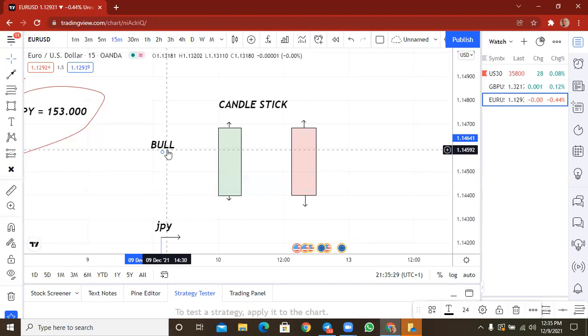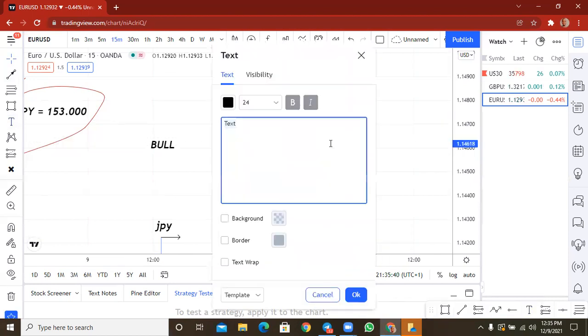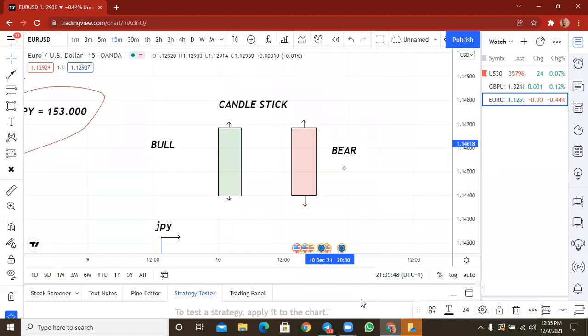Okay, so the first candle we have there is a bull candle, and the second one is the bear candle. So what's the difference between the bull candle and the bear candle? First of all, I'm going to ask you a question.